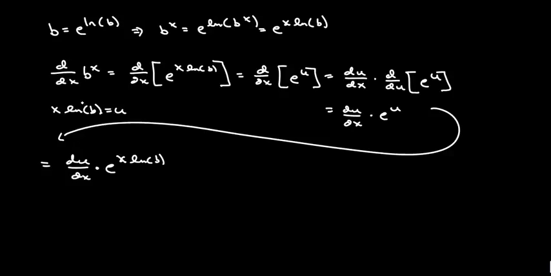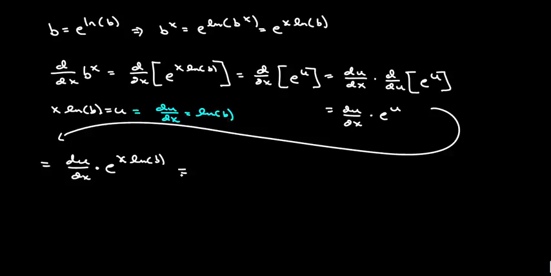And now the natural log of b right here, that's just a number. Whatever b is, the natural log of it is a number, as long as b is positive. I mean, b is not going to be negative here. But now let's go through this. We've got du dx, the derivative with respect to x, which is just the natural log of b.